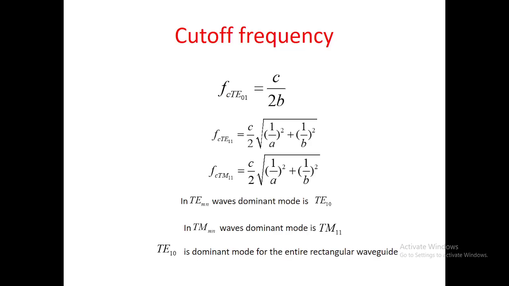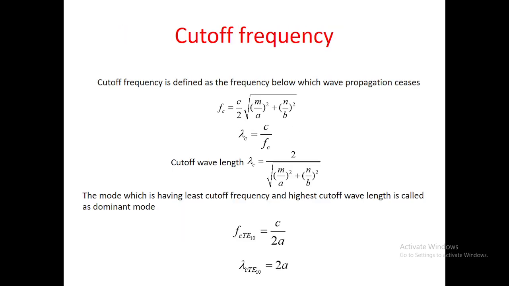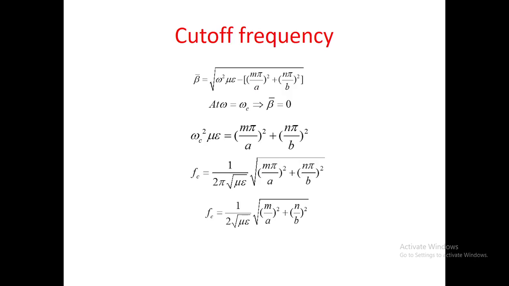For TM modes only, TM11 is the dominant mode. If only TE modes are considered, TE10 is the dominant mode and the next dominant mode is TE01. So that's about dominant mode and cutoff frequency.